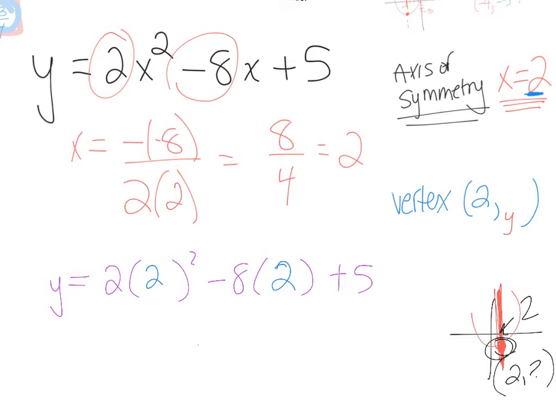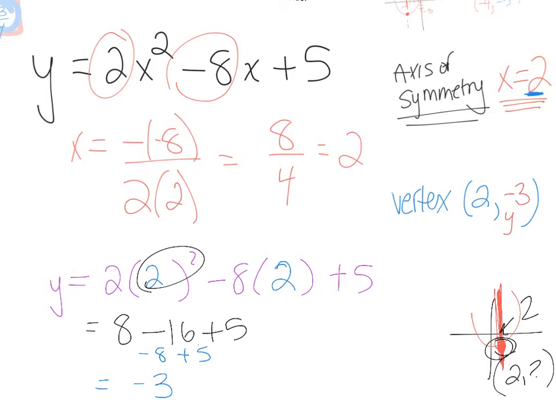Now, if I do the math in order of operations, 2 squared is 4. 4 times 2 is 8. 8 minus 16 plus 5. 8 minus 16 is negative 8. Negative 8 plus 5 is negative 3. That means that when x is 2, y is negative 3.